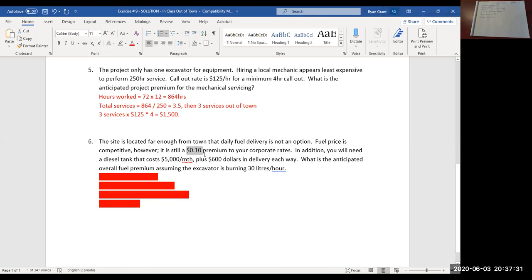So in addition, you will need a diesel tank, an on-site tank, that costs $5,000 a month to rent, plus $600 delivery each way, so 600 times 2. So what's the anticipated overall fuel premium, assuming the excavator is burning 30 liters per hour?